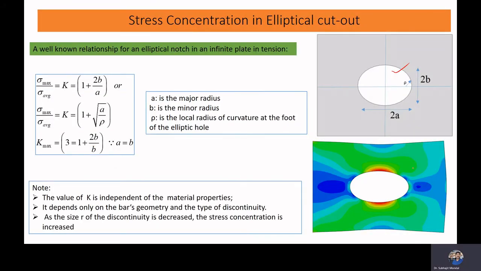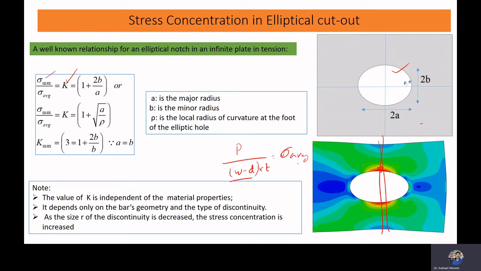So here, if we have a plate with a cutout, our stress concentration factor can be written like this. Stress concentration factor K is equal to the maximum stress occurring in this zone over the average stress occurring here. Average stress is basically the total load P divided by (W minus D) times T, where D is the diameter of the hole. That is your average stress, sigma average.